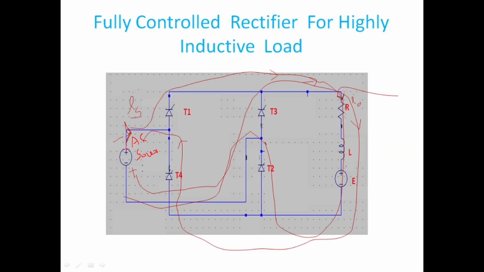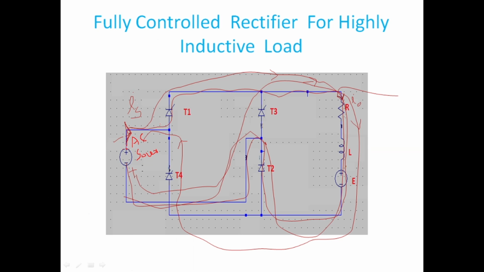If you consider this arrow, let's trace how current flows in the source side. In the source side, in the positive half cycle, this is plus and this is minus. The current is moving in this way, flows like this, in this way and this way.